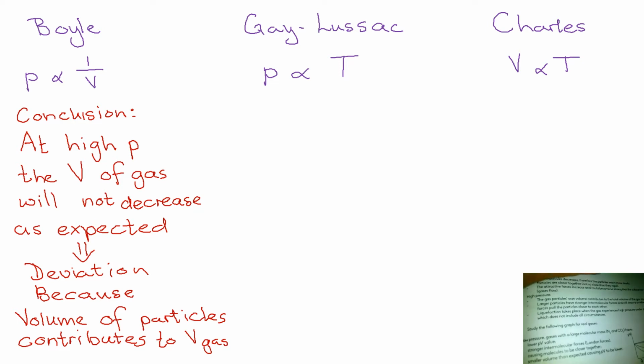And then liquefaction can take place when the gases experience high pressure under critical temperatures, which does not include all circumstances, but explaining Boyle's law, the deviation from Boyle's law has got to do with the actual volume of the gas particles.